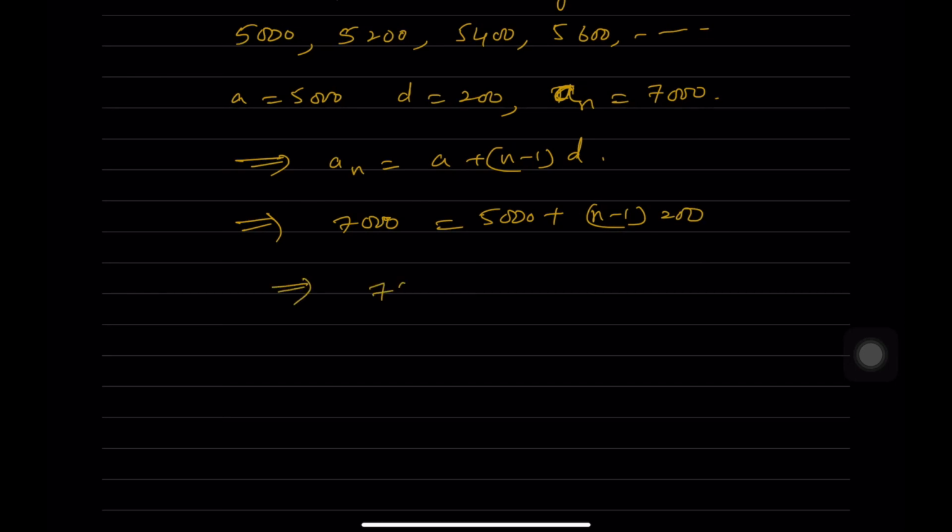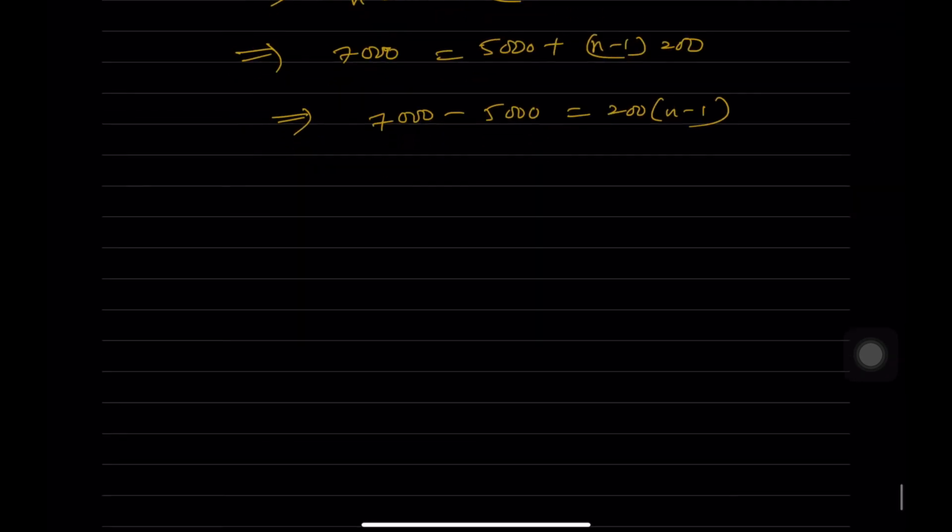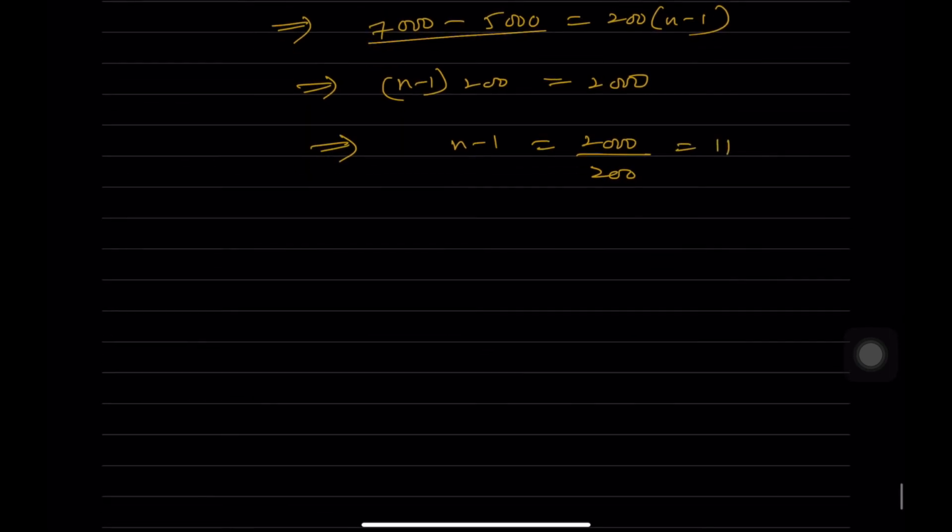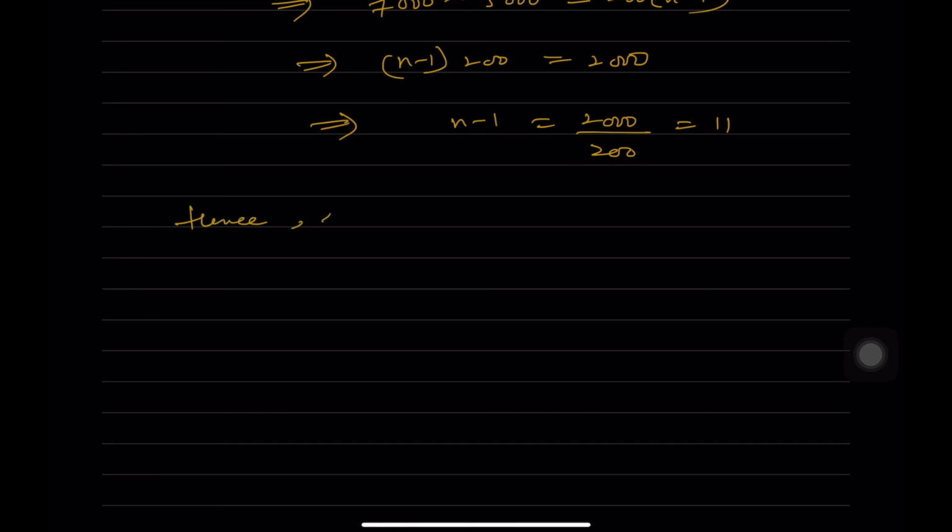So which implies that 7,000 minus 5,000 is equal to 200 into n minus 1, or which implies that n minus 1 into 200 is equal to 2000, which implies that n minus 1 is equal to 2000 divided by 200, which is equal to 10. So that is n is equal to 11.